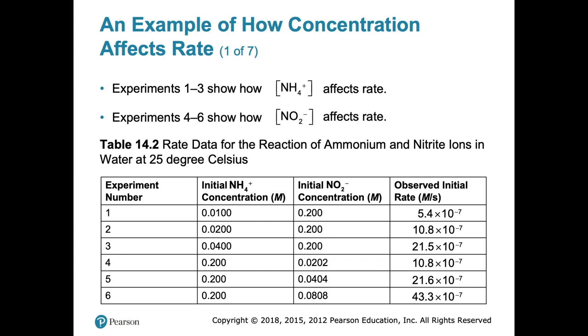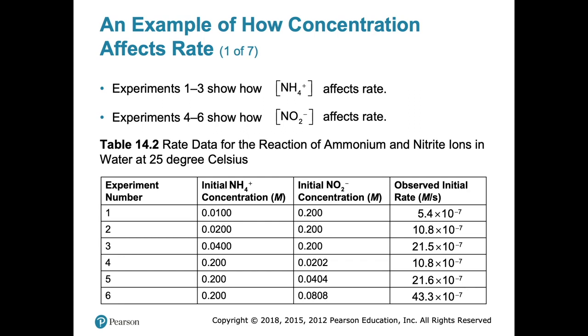I want you to see what's going on here. When I double the concentration of ammonia and not the nitrite, the rate actually doubles. I start out with around 5, I get to around 10, and I get to around 20. The rate doubles. But then when I change over to where I'm keeping ammonia the same and doubling the concentration of nitrite, the same thing happens again.